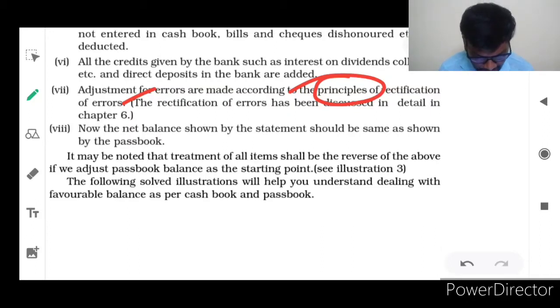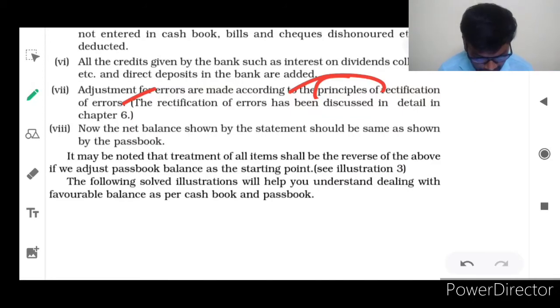So likewise, adjustment for errors is made according to the principles of rectification of errors. Here errors are made, for example instead of writing in debit, they will be written in credit. So the major rules: personal, real, nominal. If we are leaving some mistakes in it, that is errors of principles.